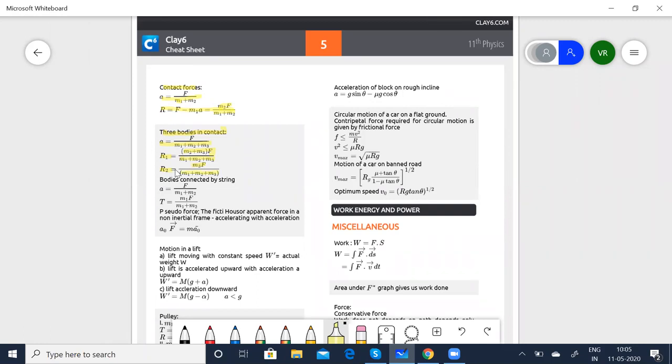Okay. Bodies connected by string. All this while we saw the bodies were simply in contact with each other. Now we are going to see the bodies connected by string. In that case, a is equal to F by (m1 plus m2).